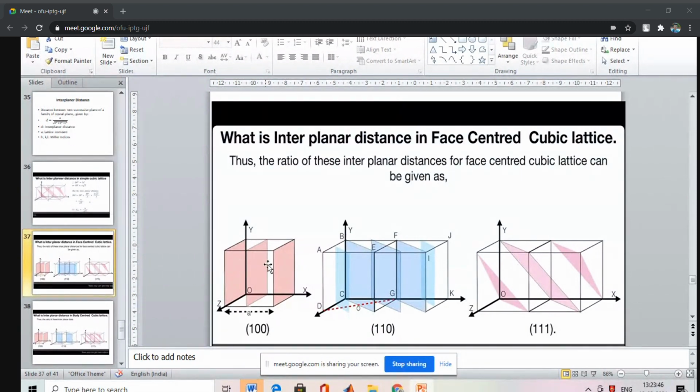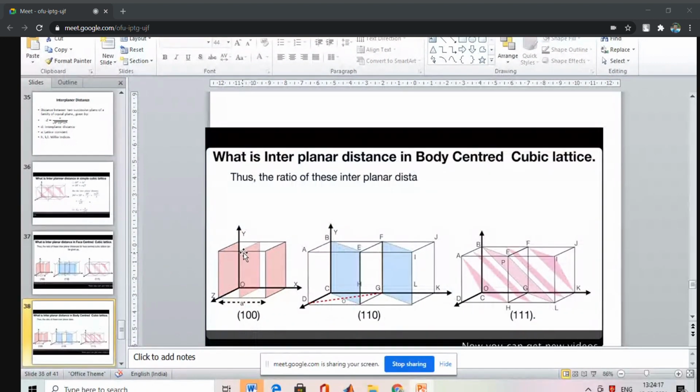So these are the two successive planes of this family of planes in SCC, and distance between these two will be nothing but the edge of the unit cell, that is nothing but lattice constant A. Okay, so we can see here from the diagram of unit cell, distance between these two vertical faces of the unit cell, which belongs to the plane 1, 0, 0, it is A. But in FCC and BCC, it becomes half. So D will become A upon 2.